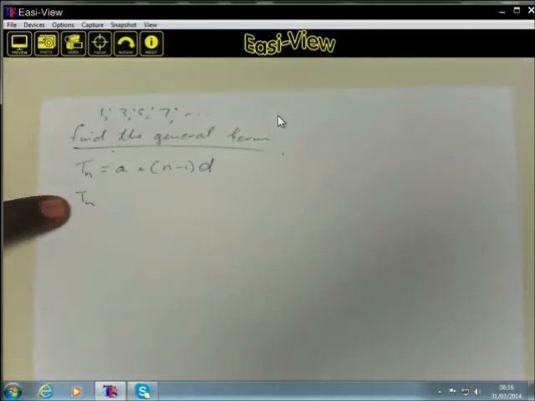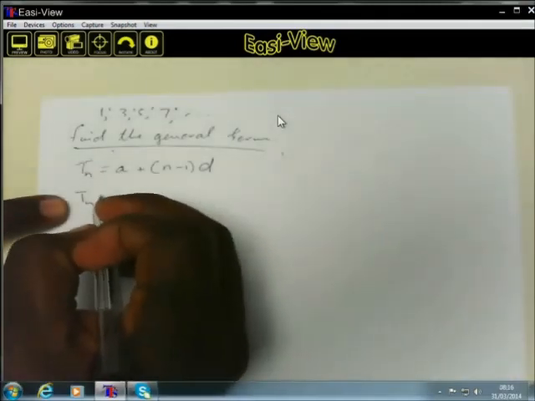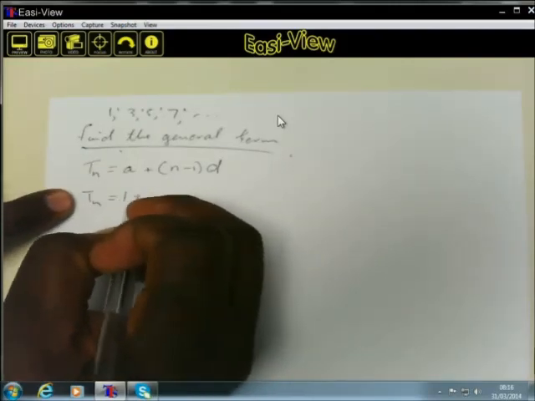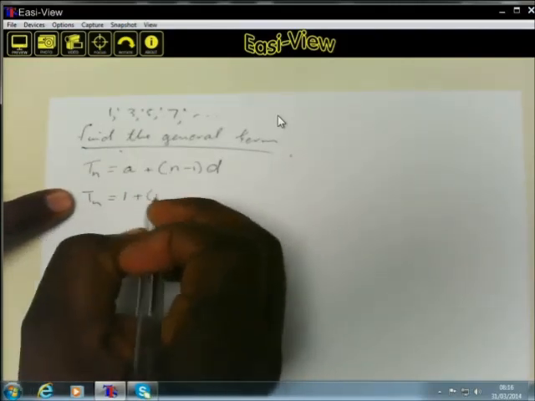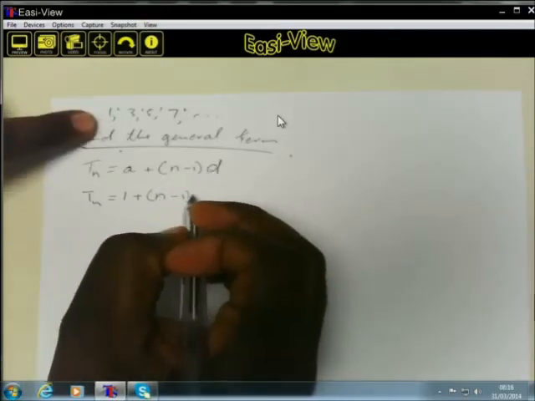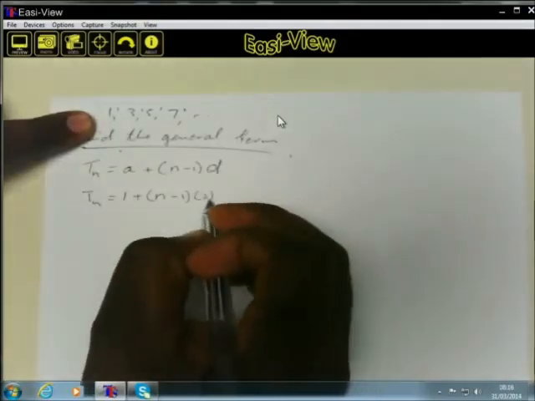we are going to write this as Tn. Then we say Tn here will be equal to, the first term is 1, plus, we do not know the number of terms, so we write it as n minus 1, and our common difference, we already found it to be 2.